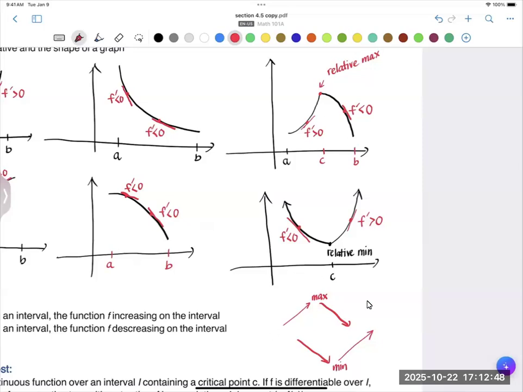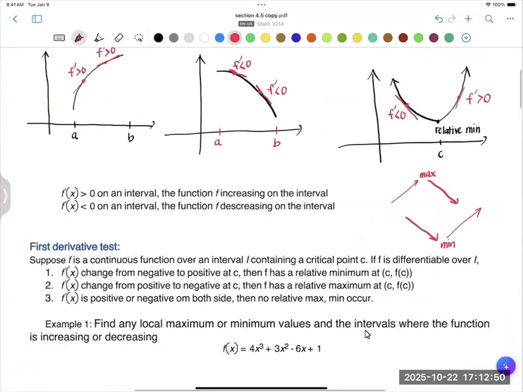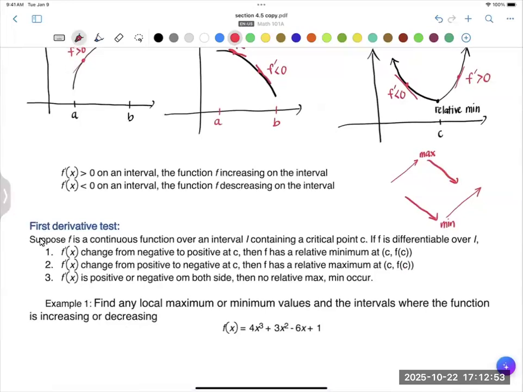This is called the first derivative test. Let's generalize it. The first derivative test says: suppose f is a continuous function on an open interval I containing the critical point c, and f is differentiable over I. If f prime changes from negative to positive at c, then f has a relative minimum at c. If f prime changes from positive to negative at c, then f has a relative maximum at that point.